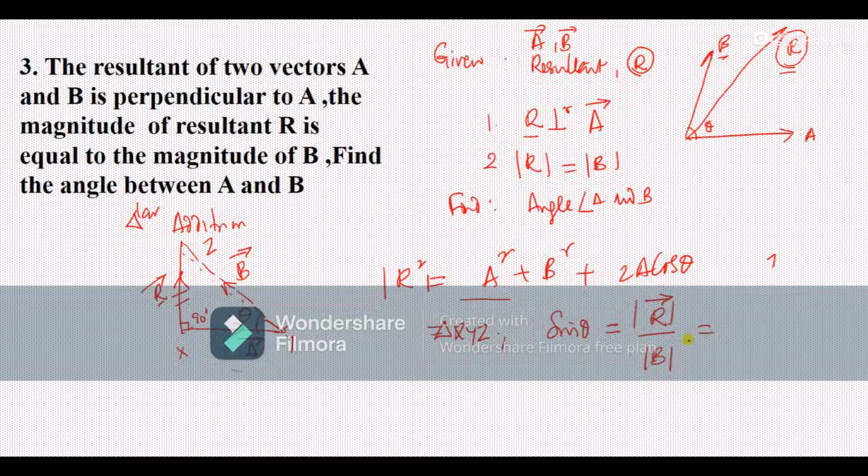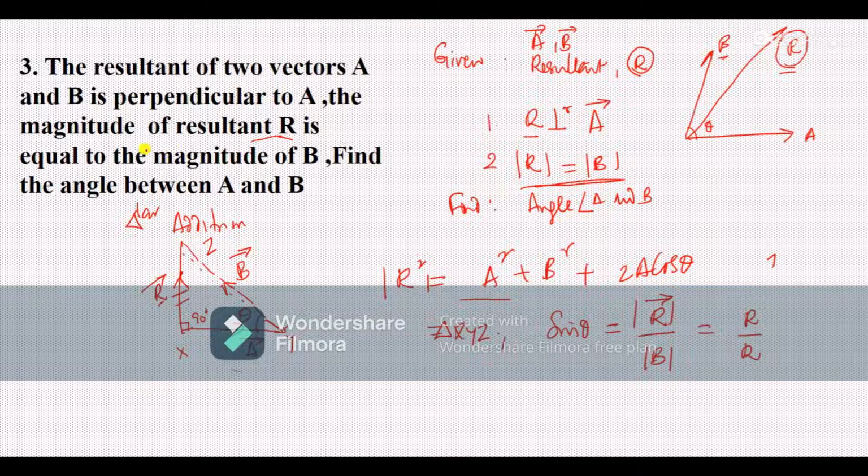From the diagram, R is equivalent to B, so we substitute the value of R instead of B. But actually there is an issue here.